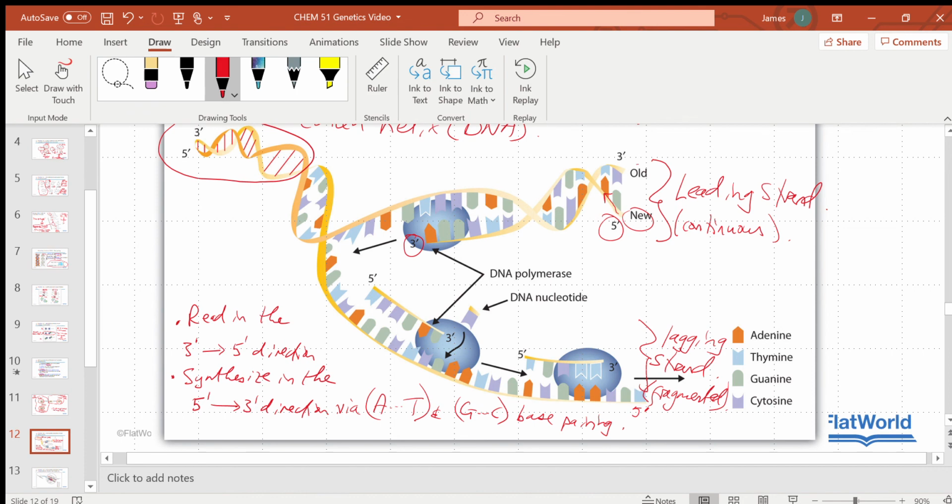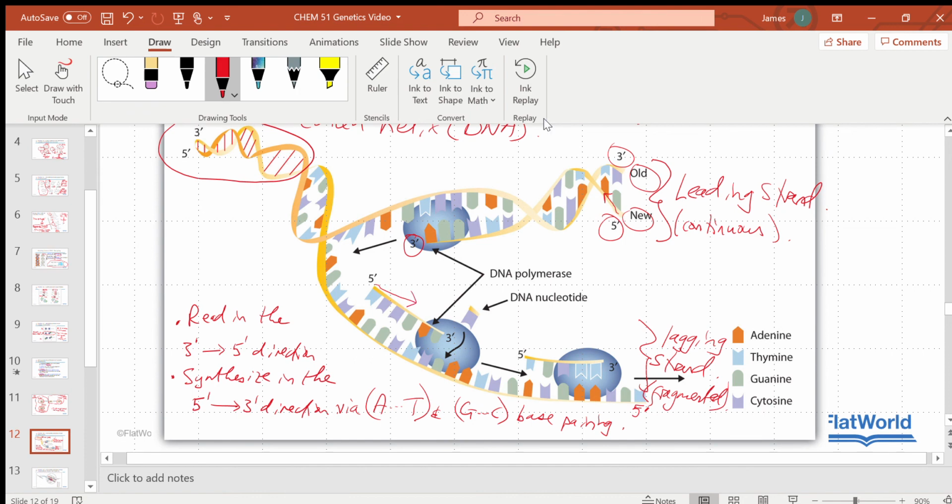Because the other old strand was 3. So this old strand must be 5. Well, I've got to read in the 3 to 5 direction, so I can't just read that way.